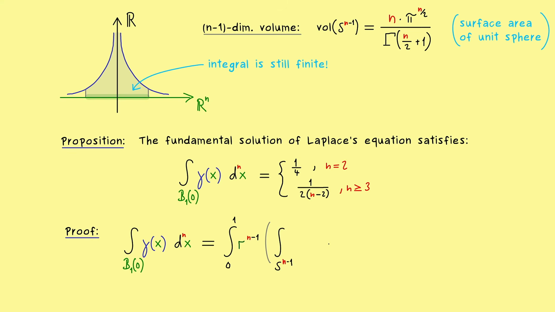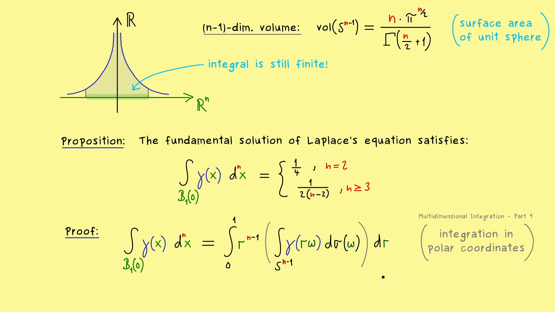And there the surface element we just call d sigma and the variable omega. So you see, we just have some change of variables for our function gamma. Namely, now we have to integrate gamma of r times omega. And with that we have it. This is the standard formula for the integration in polar coordinates in n dimensions.